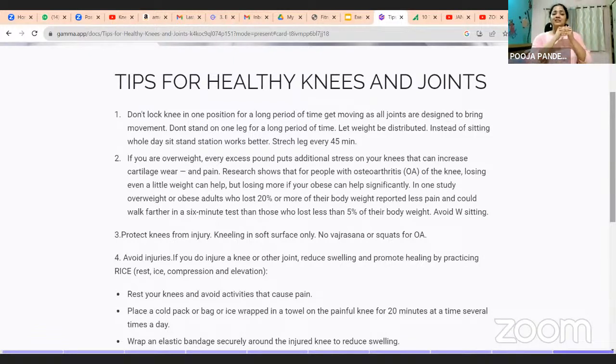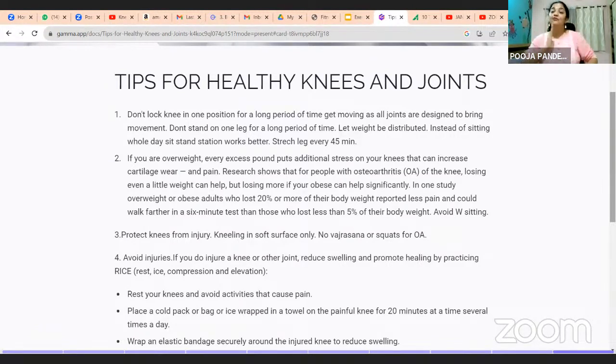So it is very, very, very important that you make sure that you are mobile. If you don't have a sit to stand station, go and stretch yourself every 45 minutes or walk around a little bit, because joints are made for movement. Second, if you are overweight, try to reduce your weight. Now, I am not promoting a skinny weight.